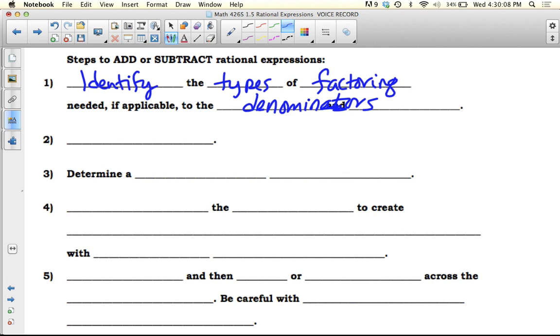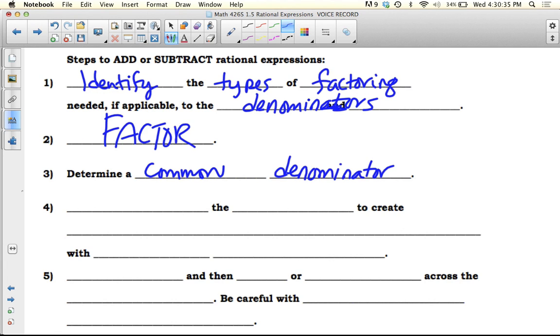It's not really that important to factor the numerators because we're going to be multiplying those out and simplifying them later anyways. Then go ahead and factor. Then you want to determine a common denominator. For adding and subtracting, we always need common denominators.